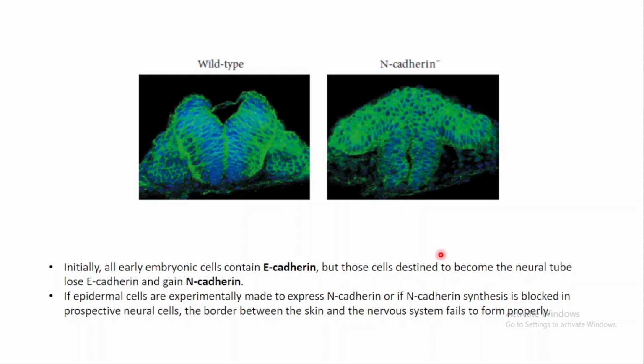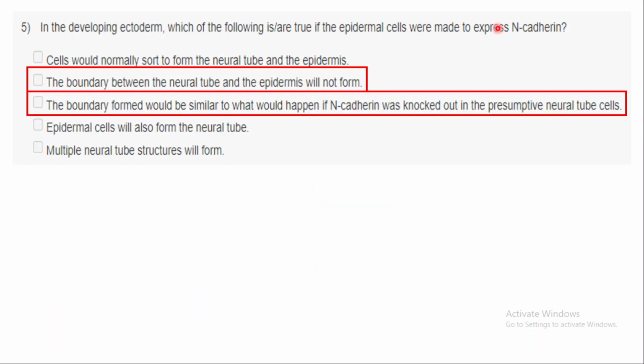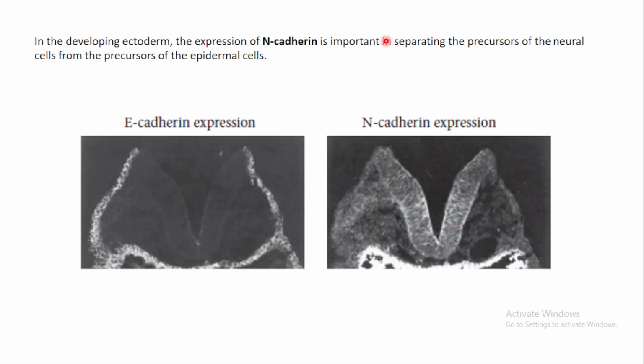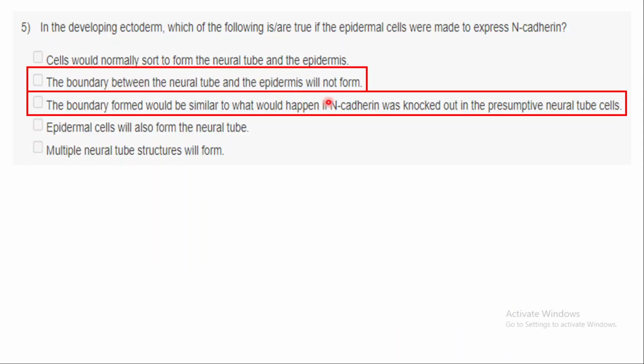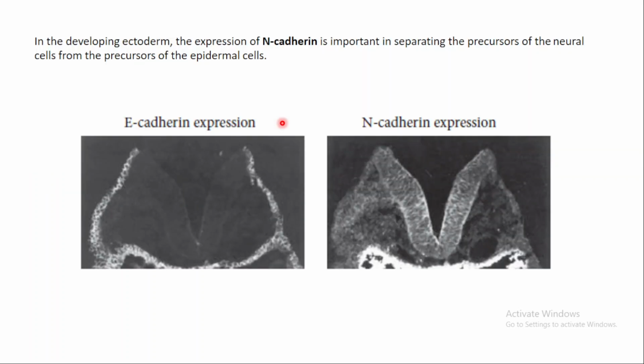That will happen. So here we have a wild type image and an N-cadherin knockout image in the neural cells. If epidermal cells were to express N-cadherin exogenously, which they should not, because they should be expressing E-cadherin, the boundary between neural tube and epidermis will not form, and the boundary formed would be similar to what would happen if N-cadherin was knocked out in presumptive neural tube cells.